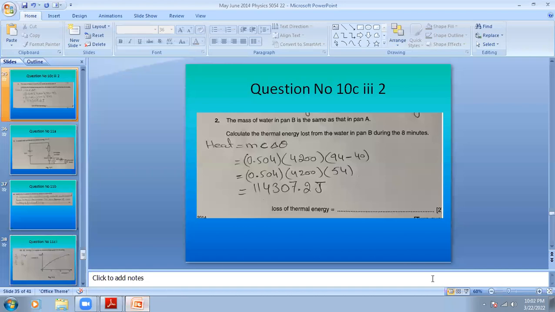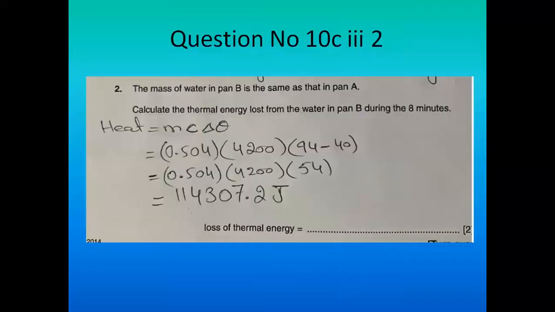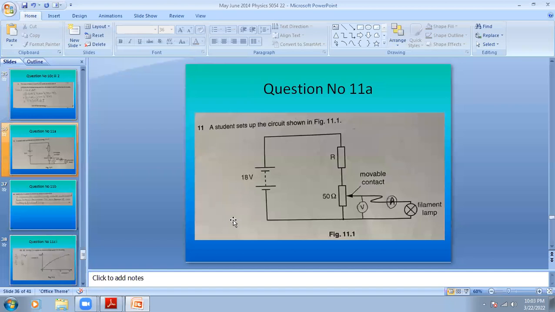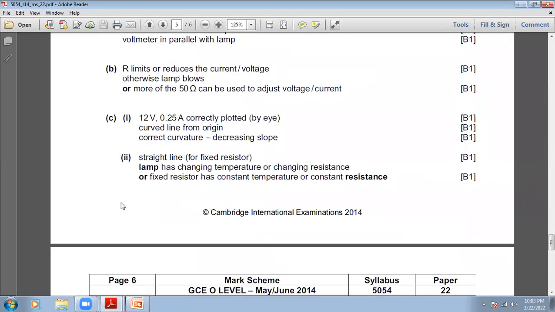So let me show you. I have drawn that. You can see I have drawn here an ammeter that is in series with the filament lamp and a voltmeter which is parallel to the filament lamp. So this is what you have to do. Hopefully you understand.